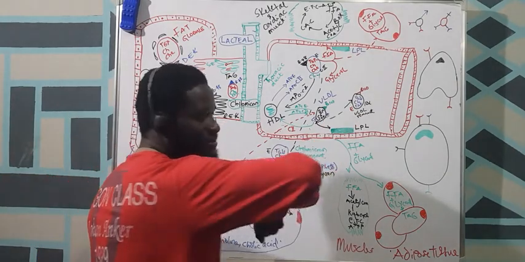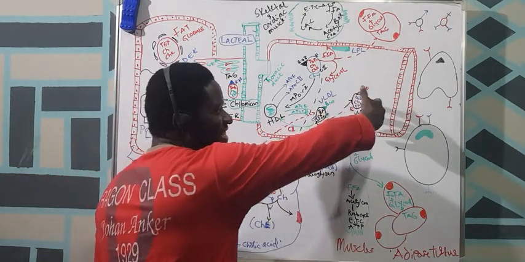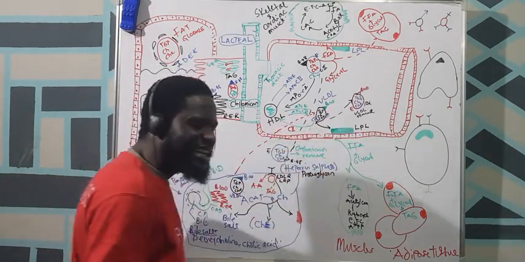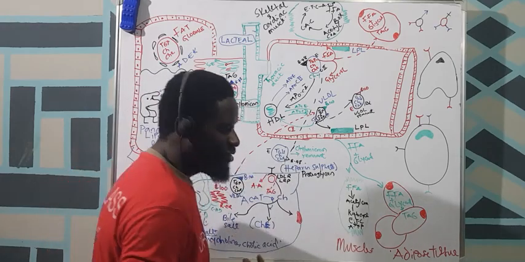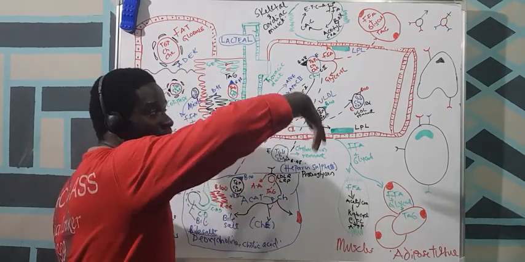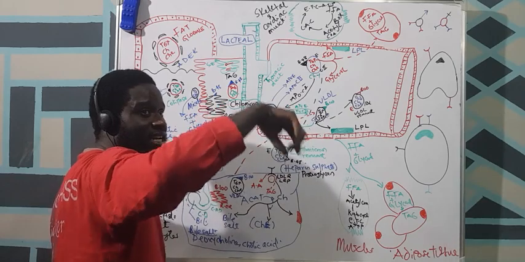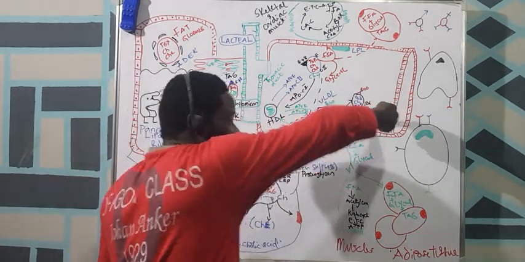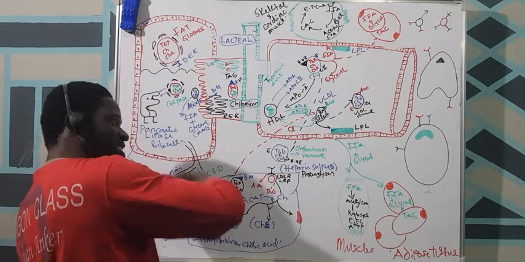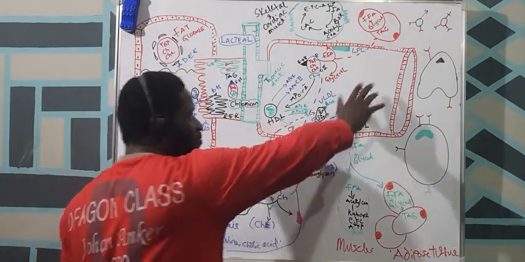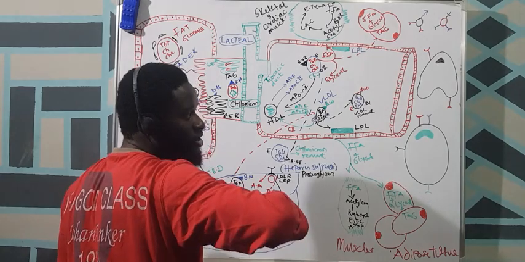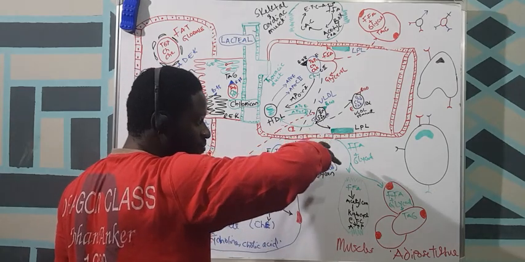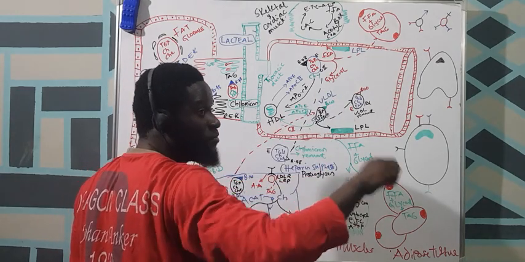So once we have this, IDL has an affinity for LDL receptors, or low density lipoprotein receptors, that are found on other peripheral tissues. It can also go back to the liver and do the same process, but the first thing it does, it binds to some LDL receptors that are found on some peripheral tissues.